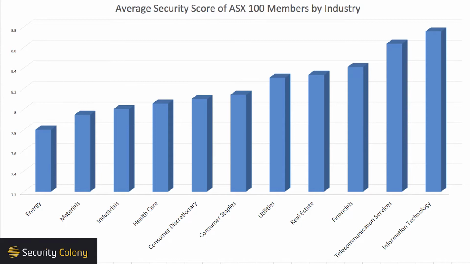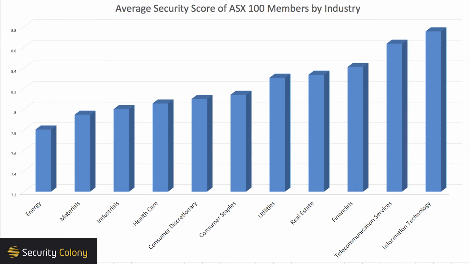The other question that we have is whether we have any evidence of the system actually generating meaningful data. And of course, fortunately, we do. Prior to putting the system into production, we actually ran it against the 100 largest companies listed on the Australian Securities Exchange, or the ASX. So the ASX 100. And what we found is, I guess, reasonably predictable, which is the organizations with the highest scores are those in the IT sector, the telecommunications sector, and financial services.